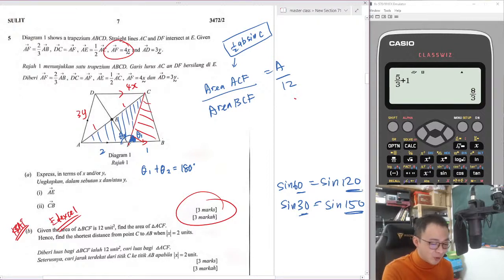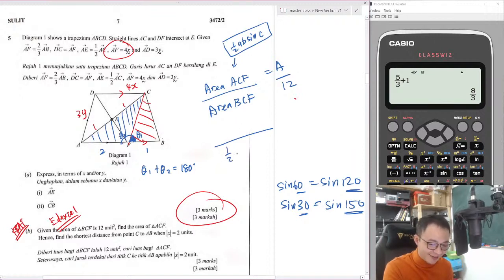Okay, so what I want to do right now is, I will say half. I use the triangle formula, right? Half, then this is CF, and then I will have FB, which I know is 2x, the vector. So this one should be the bottom, right?